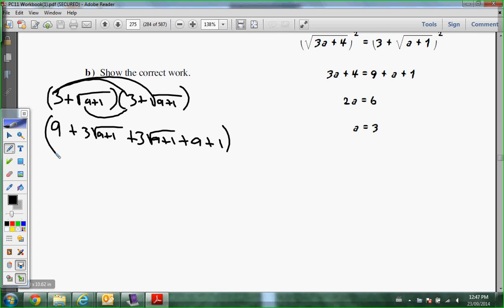Okay, so then we get 9 plus 1 is 10, and I have an a. So I'll have 10 plus a plus 6 root a plus 1, and that would be equal to what's on the other side, 3a plus 4, right?